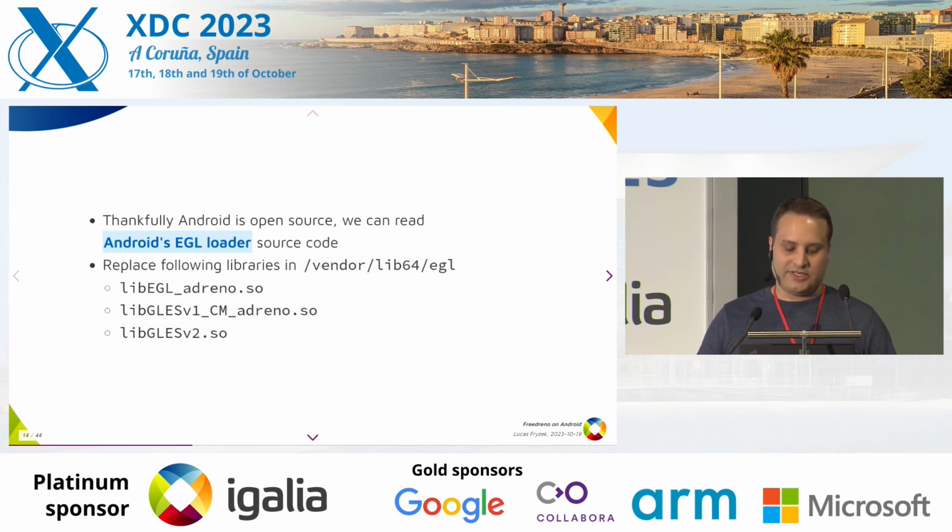In my case, it's the Adreno one, so I had to add the EGL Adreno and the GLES1 Adreno, and those are used for the EGL implementation and the OpenGL ES1 implementation respectively. The GLES v2 does not have the vendor name appended to it, and it provides the implementation for GLES2 and beyond.